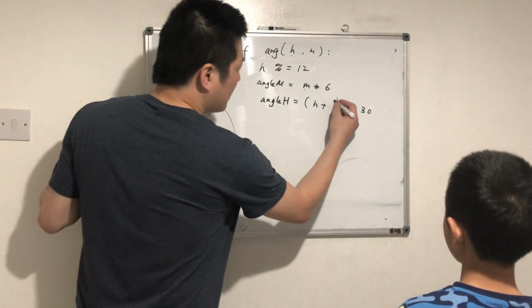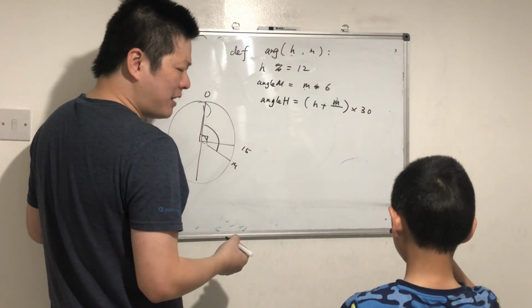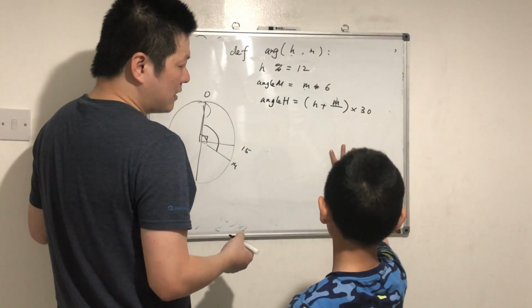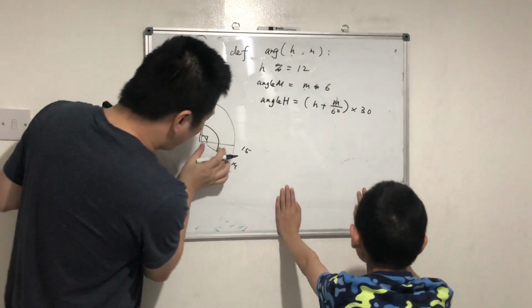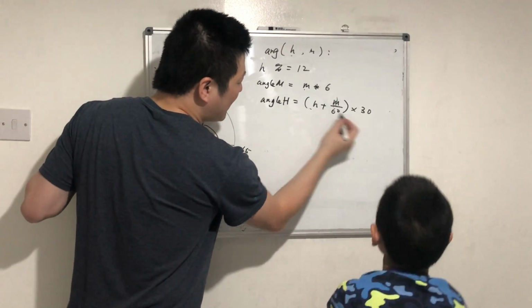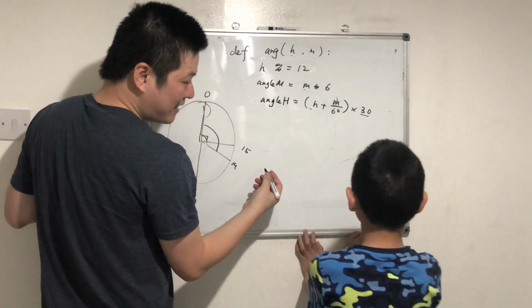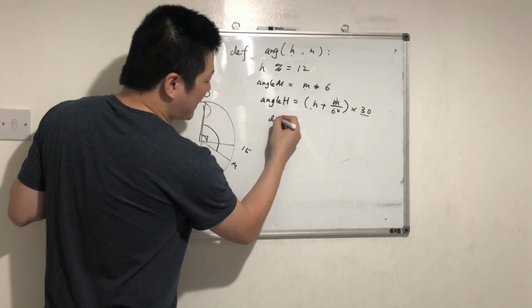M divided by what? How many minutes? By 60. If m is 30, then the hour needs to go another half, and each hour is 30 degrees. Okay, and then look, so the difference.